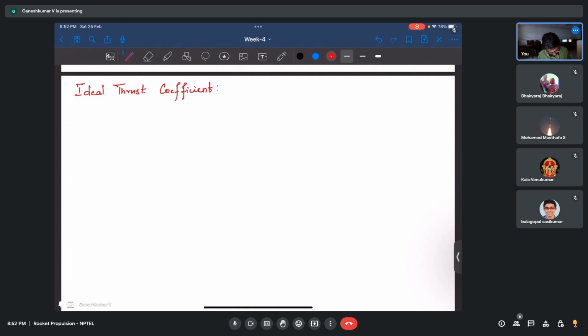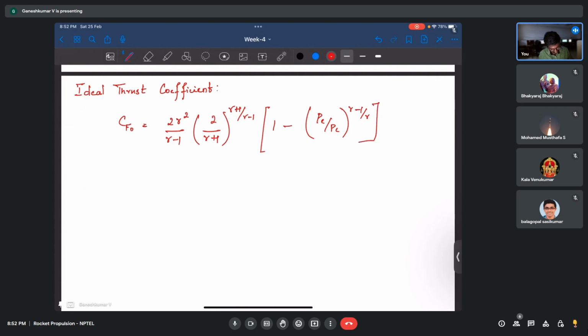The ideal thrust coefficient, which is CF, we denote it as naught, also has these formulas. Then it would be very easy to use the calculator to find a lot of things here. What are you guys getting?